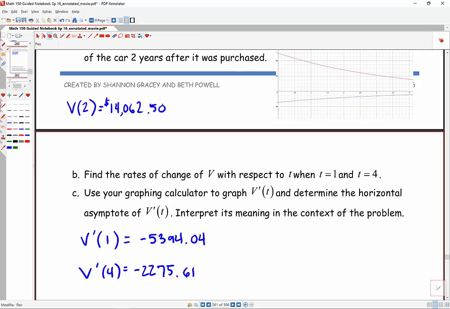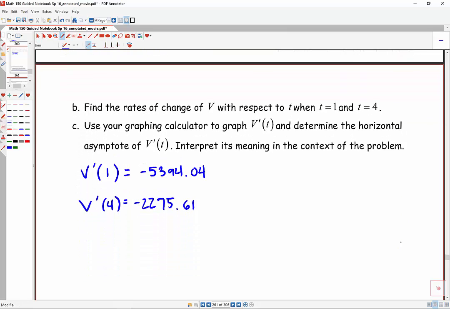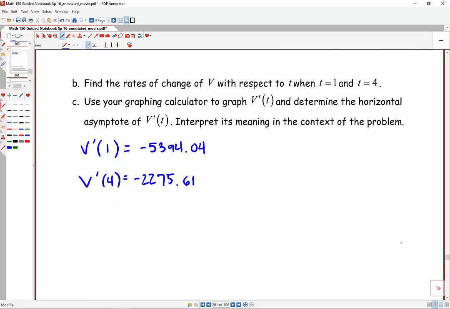The horizontal asymptote is just at v prime at t equal to 0.